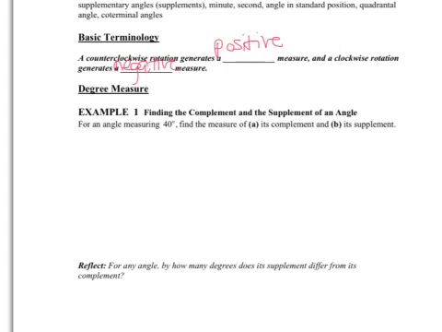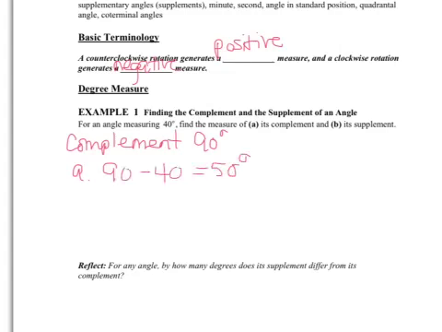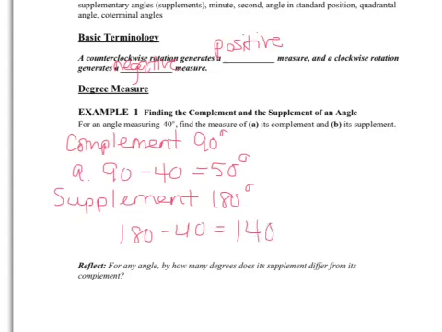A complement is a 90-degree angle. So for A, we take 90 minus 40, and that gives us a 50-degree angle. For B, a supplement angle is 180 degrees, so we take 180 minus 40, and that leaves us with a 140-degree angle.